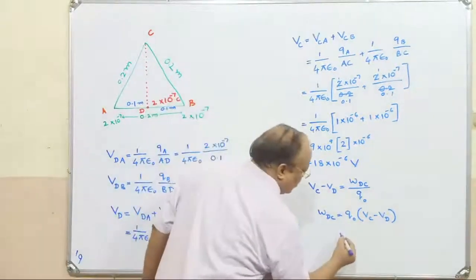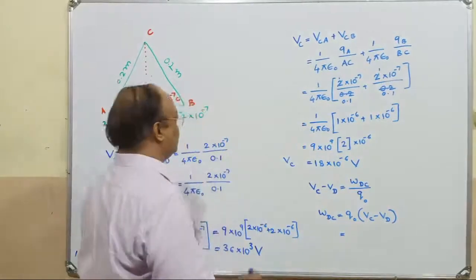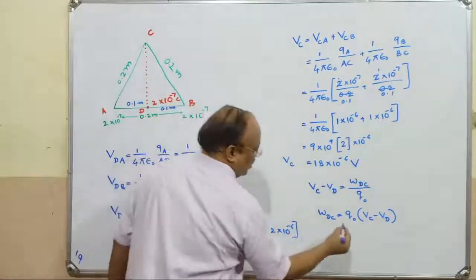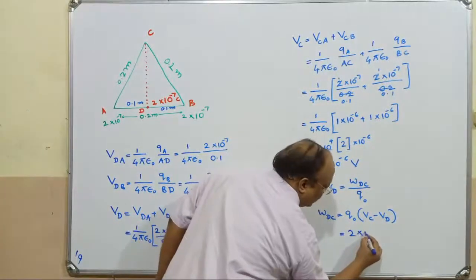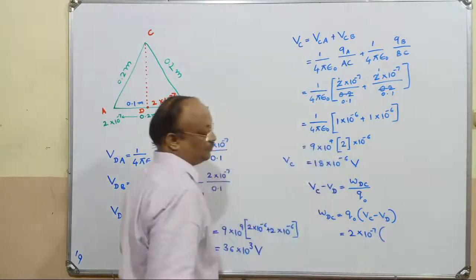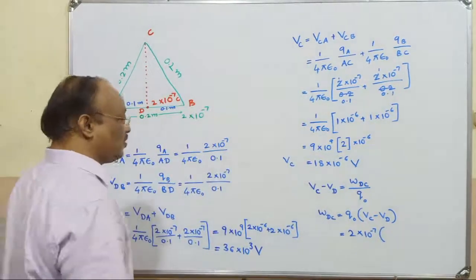So this Q naught, what is our test charge? Test charge is 2 into 10 to the power of minus 7. What is our VC?